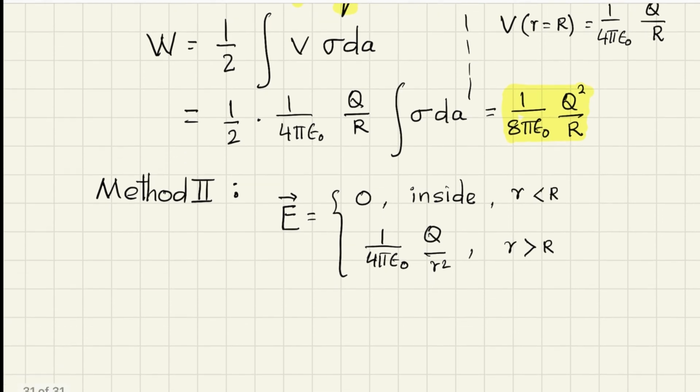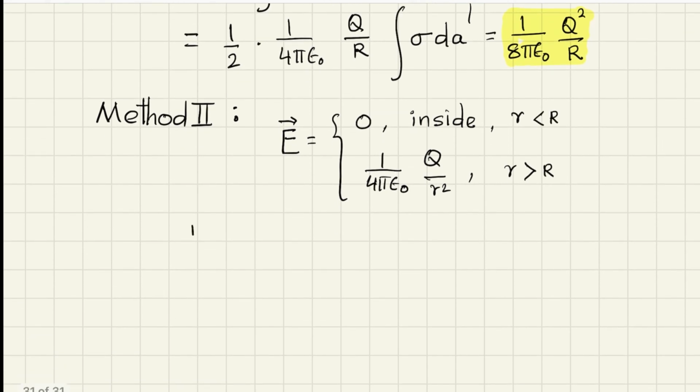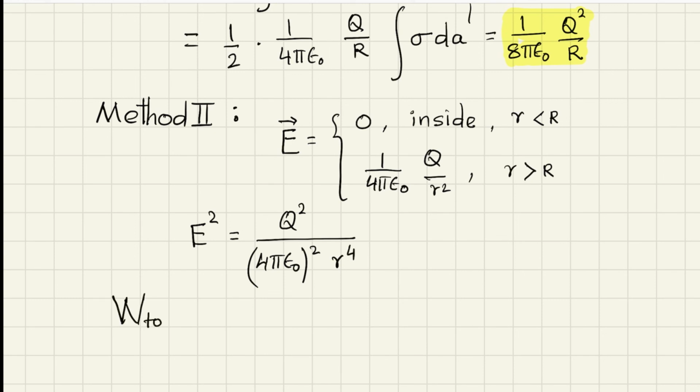Now what is my E square? E square is Q square by 4 pi epsilon naught square r to the power 4. Correct. So let's find W total over all space. We are going to do the integral.